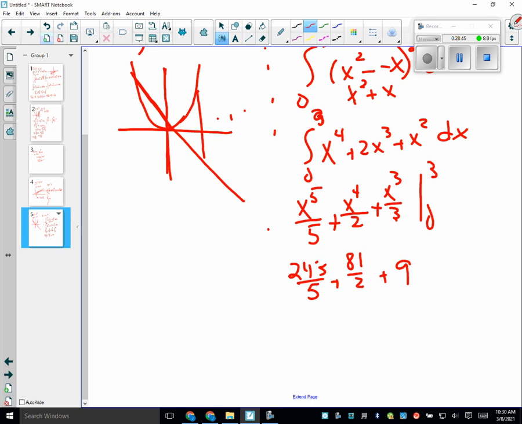We did volume around the y, we did volume around the x. Guys, we have done an example of everything on the test.